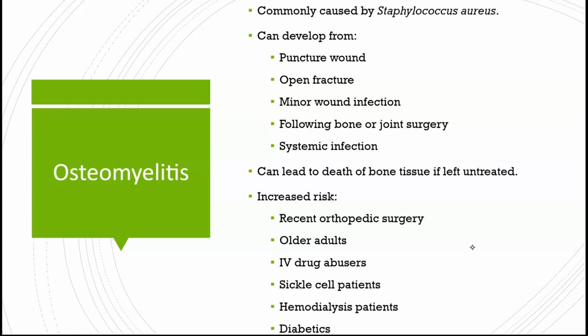And that bone can be turned into necrotic tissue due to infection. So it's important that these patients get evaluated and taken care of, because if it starts to spread, it can also turn into sepsis, okay?